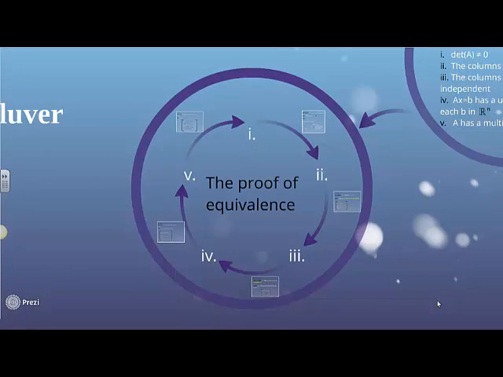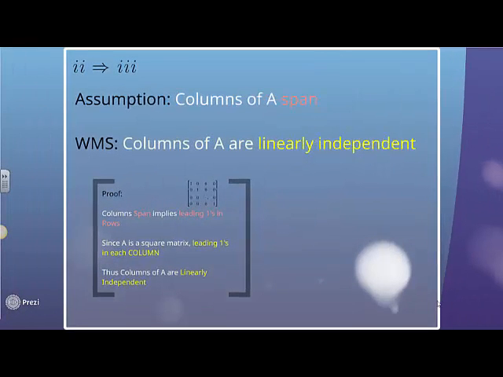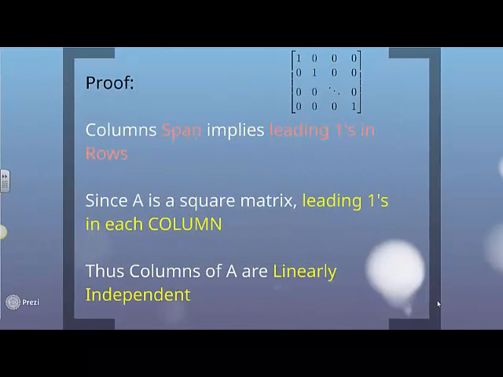Now going from 2 to 3. We're going to assume that the columns of A span Rn, and then we must show that the columns of A are linearly independent. Since the columns of A span, this implies that there's a leading 1 in each row. I gave you a visual on top there of a matrix, with a leading 1 in each of those rows.